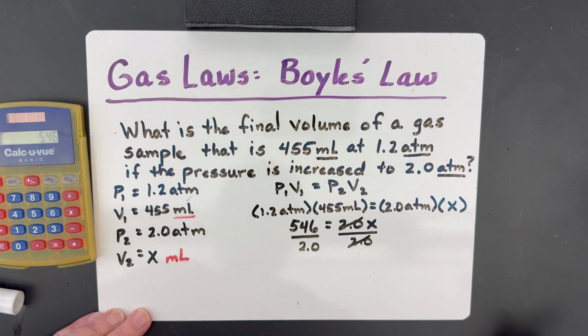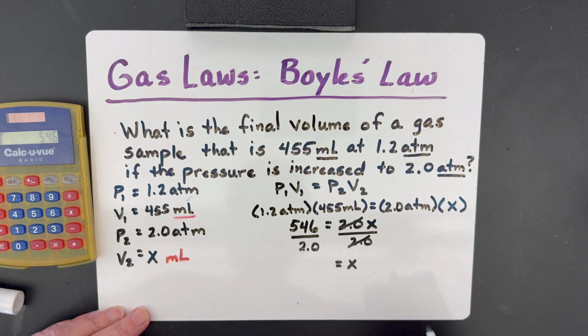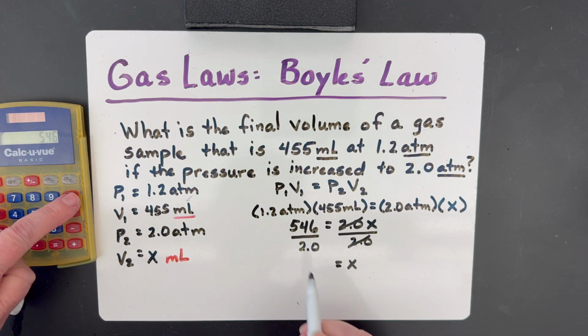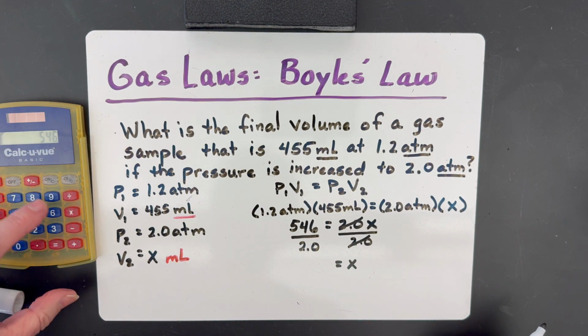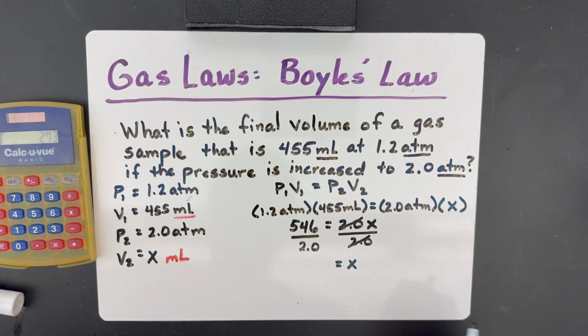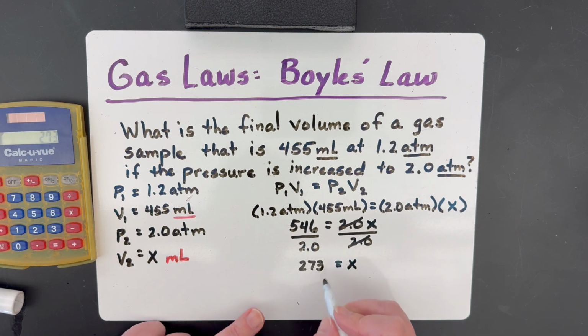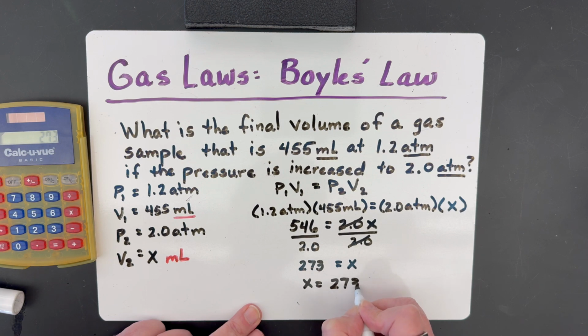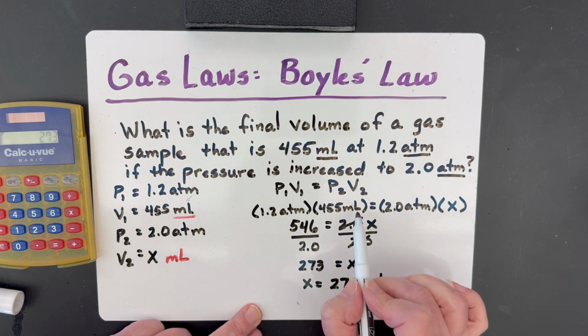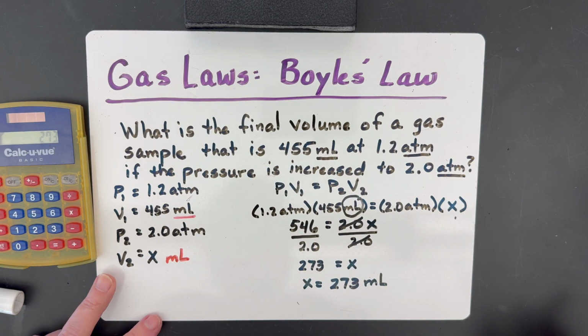This one cancels, so we just have x on that side. And now we take our 546, we divide that by 2, and we get 273. So our x is equal to 273 milliliters, because that's what our other volume was in milliliters. So our x is going to come out in milliliters.